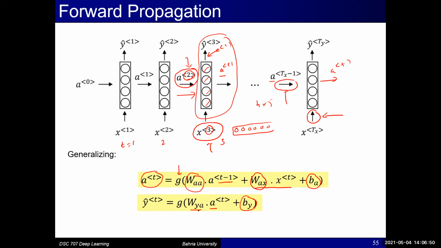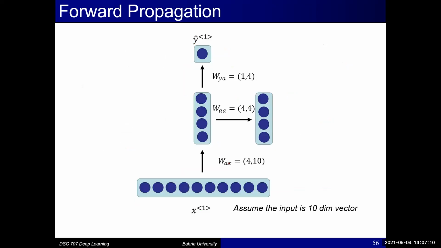Then you add bias and apply another activation function, depending upon whether you are solving a two-class problem or a multi-class problem. It can be sigmoid or softmax. Mostly for the hidden layer in an RNN we use tanh, and for the last layer we use either sigmoid or softmax, depending upon the problem we are trying to solve.